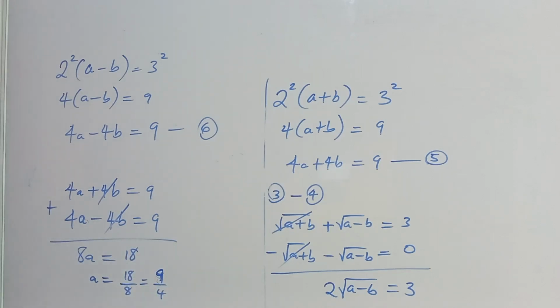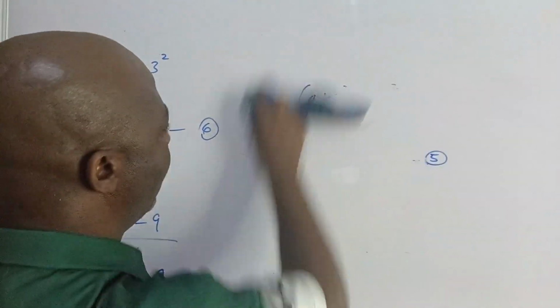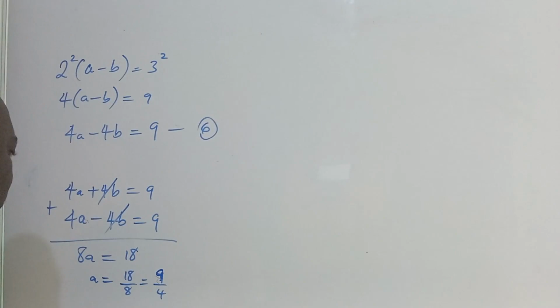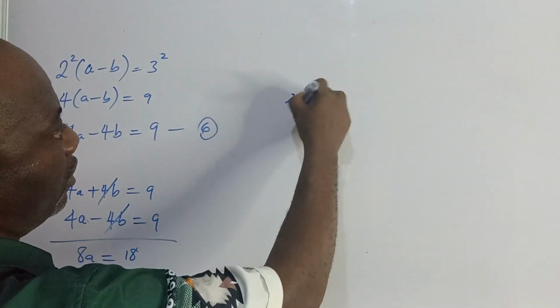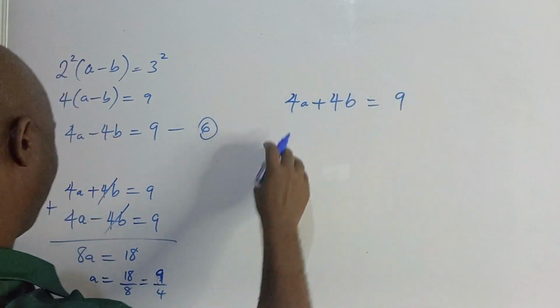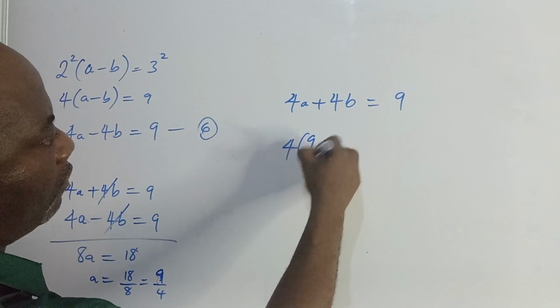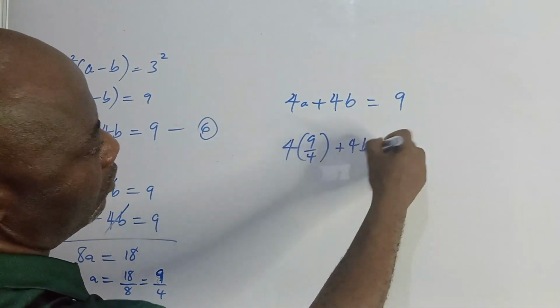To find B, we go back to equation 5. Equation 5 is 4A plus 4B equal to 9. Substituting A as 9 over 4, we have 4 times 9 over 4 plus 4B equal to 9.